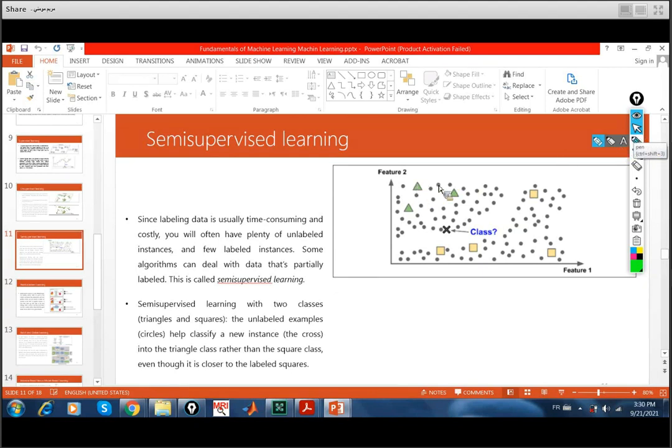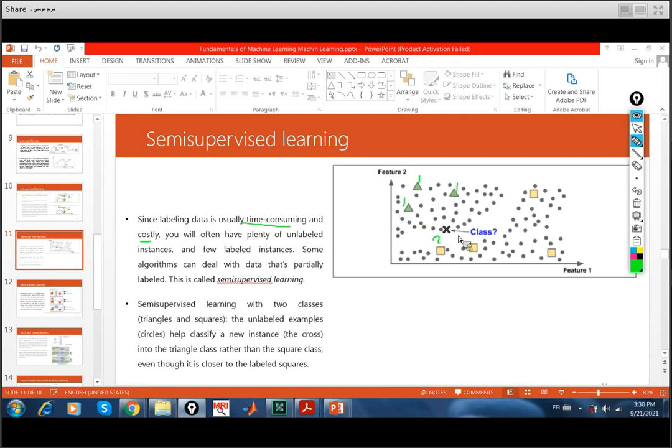We must label, for example, this is a triangle, so we label it 1, 1, 1. This is a square, so we label it 2, 2, 2. Here it is not infinite, but maybe we have a large amount of data. Anyway, it may be time consuming and costly.